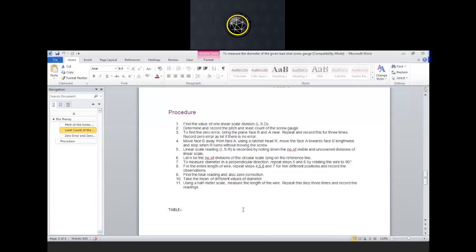Okay, we have to move it by 90 degrees to get an accurate result. Okay, we have to take 3, 4 measurements for diameter to make it accurate. Okay, that means if suppose in one end we have taken the measurement, then take a measurement in the other end, and next in the middle one.